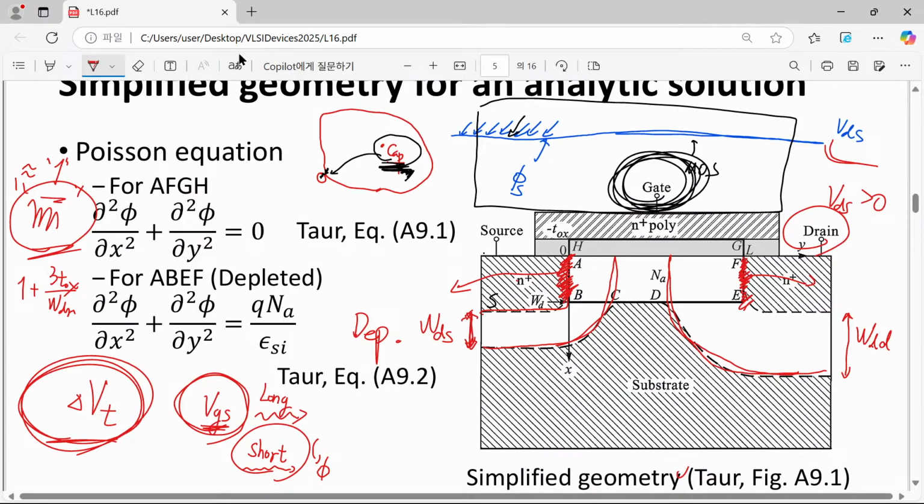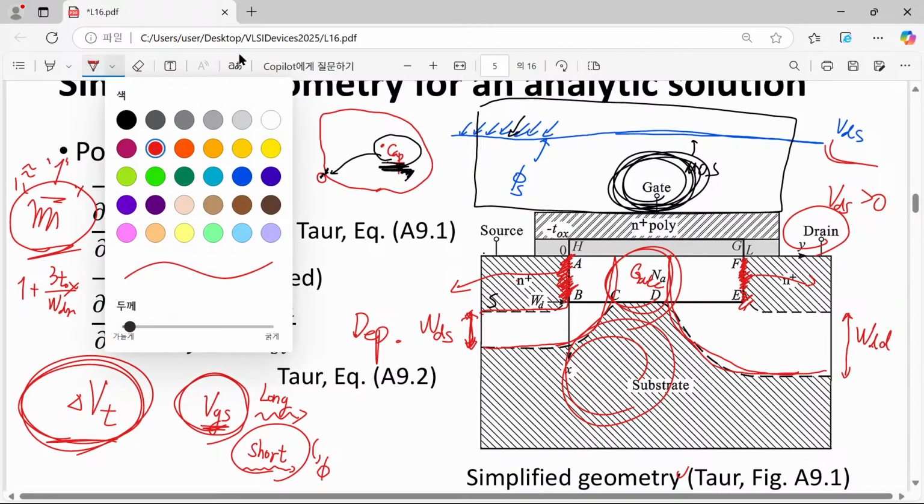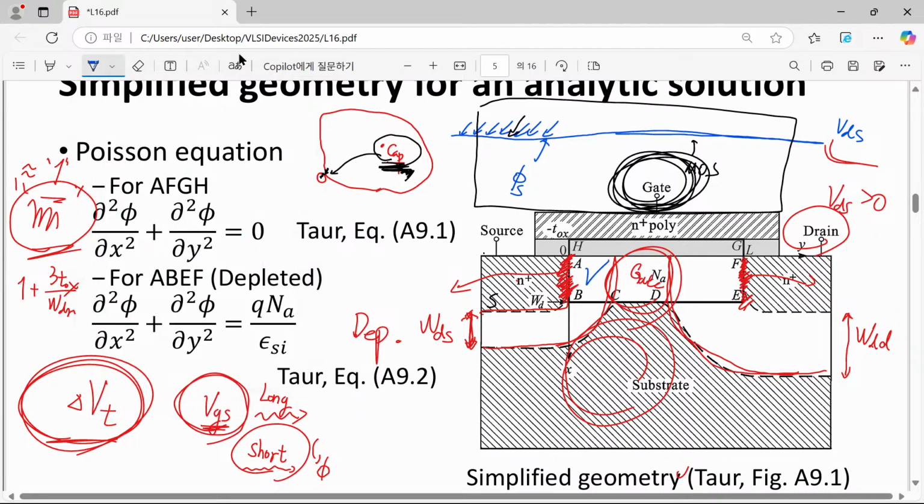Of course here we also have a depletion part, and this part is actually determined by the gate. And please be careful, I'm not saying that this part and that part are completely determined by source and drain.